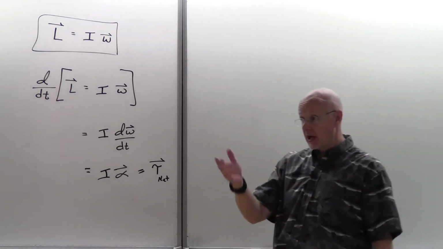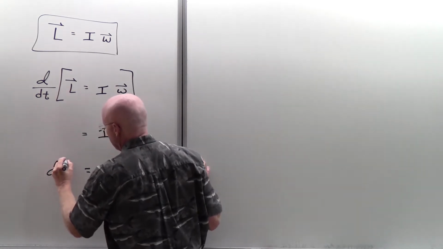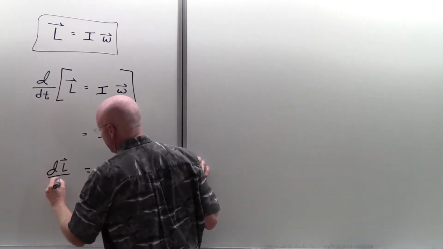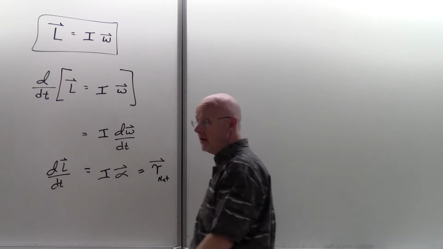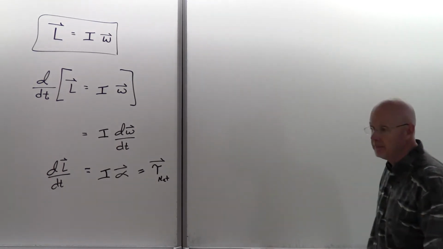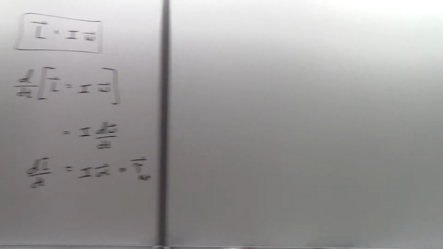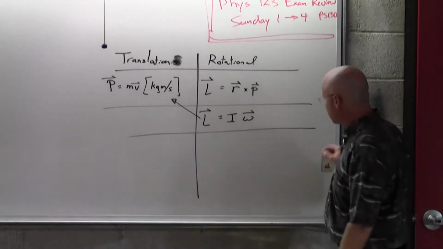And of course, the other side of the equation here, there's not really anything I can do other than just to write it as the change of the angular momentum. But if I also write that one in my little chart here, here's what it's saying.